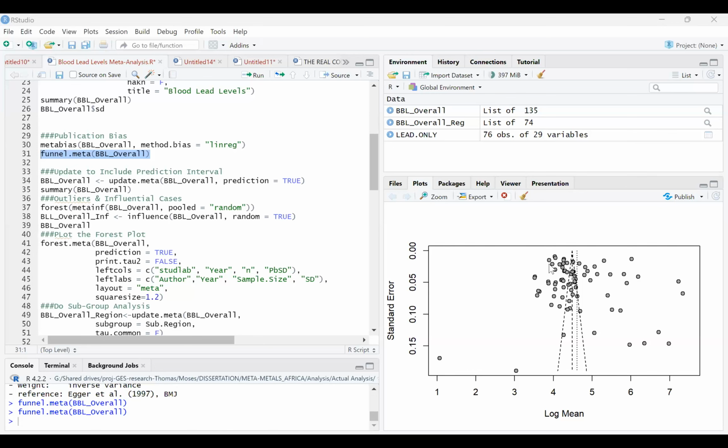All right, so this is the plot of asymmetry. You can see that we don't have a lot, even though you can see a few more small studies, but it isn't obviously clear that it is heavily to the right or heavily to the left. Most of the high precision studies, with smaller standard errors, tend to cluster at the top.